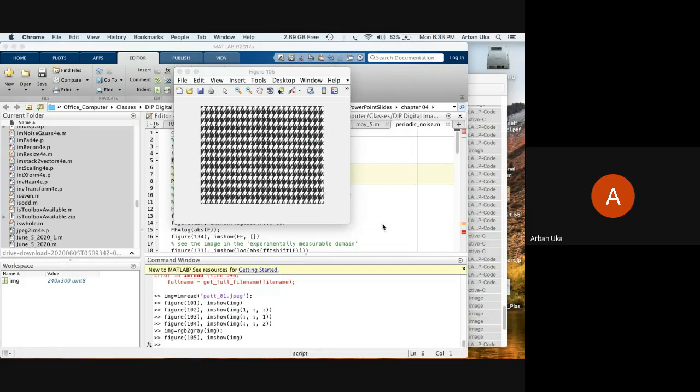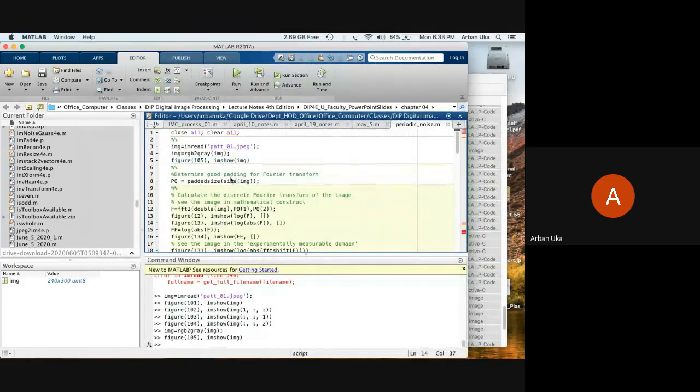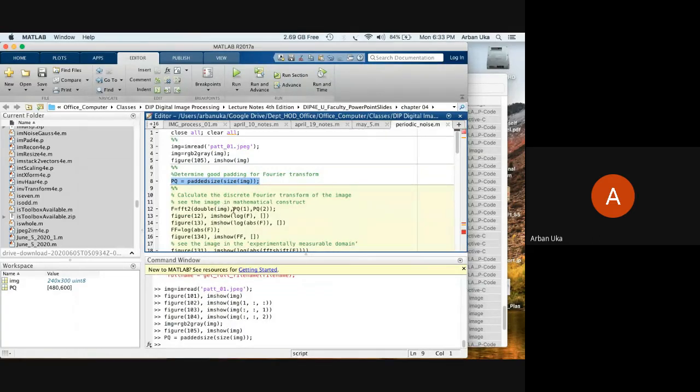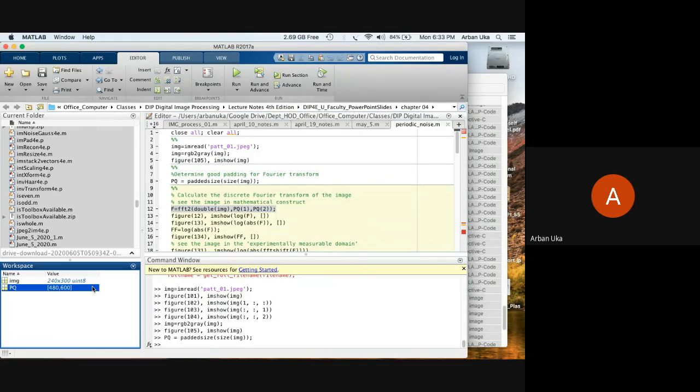Now, this is again some periodic features, and regarding the analysis of these, let's try to find PQ first. This function prepares a matrix which is sized 480 by 600, which is twice the original image.